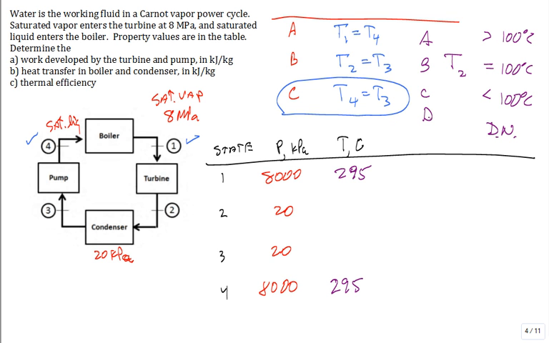So I'm going to turn it on. And now we're on. I want to know if T2 is greater than 100 degrees C, equal to 100 degrees C, less than 100 degrees C, or it cannot be determined. Don't know. You have to give me more information, then I could tell you. That's answer D, if you like that answer.